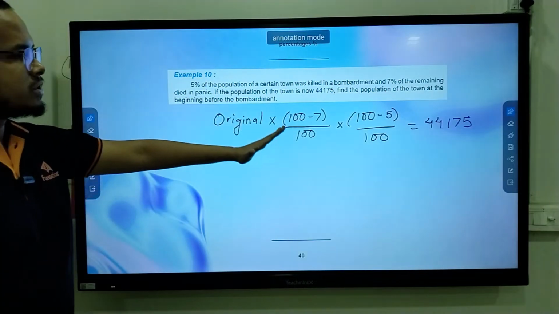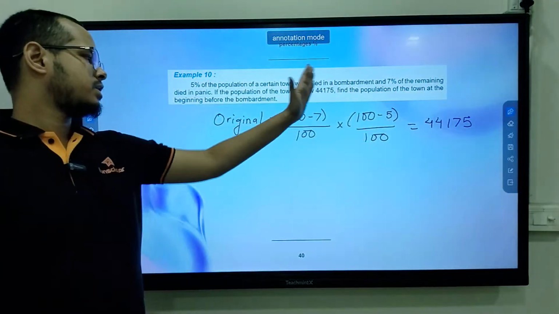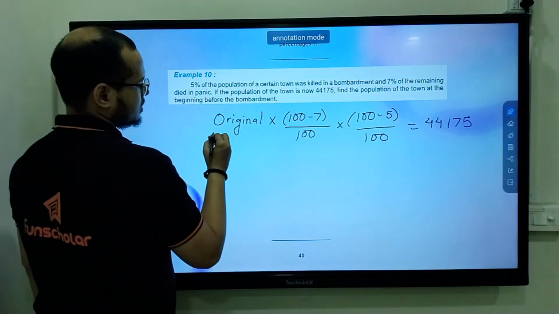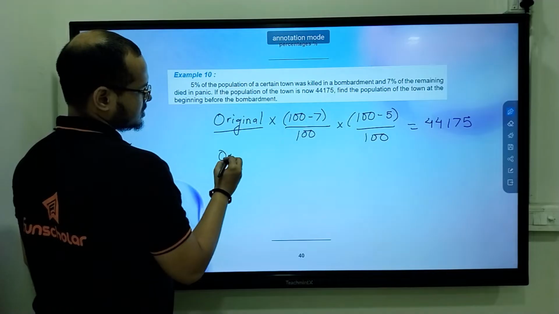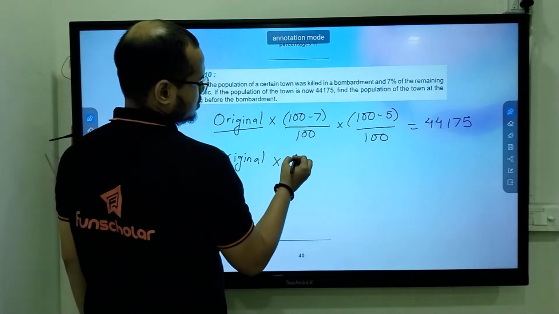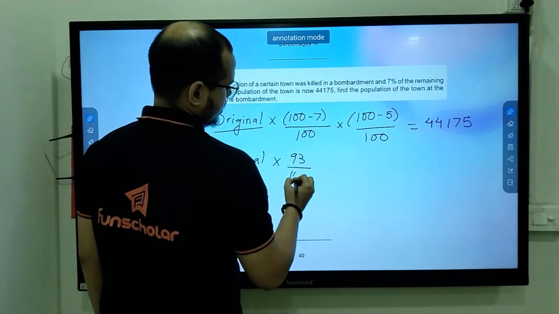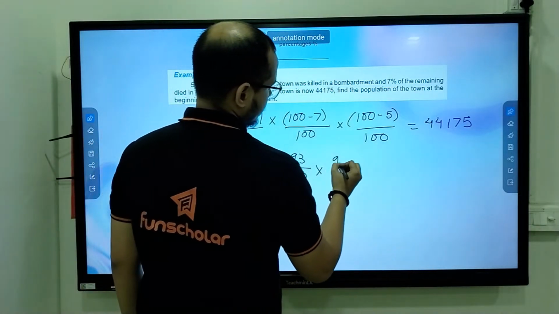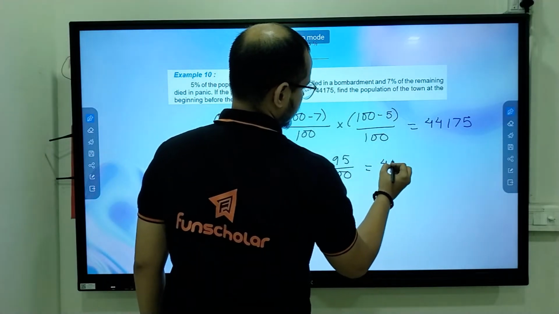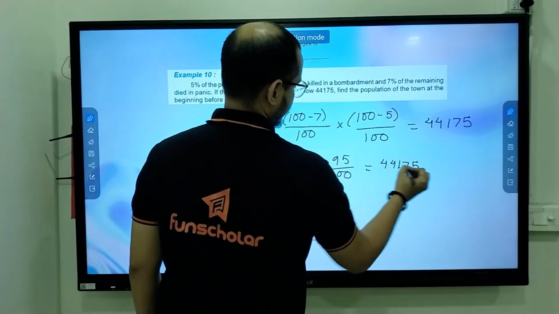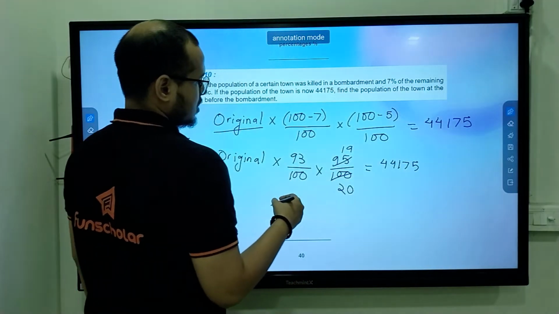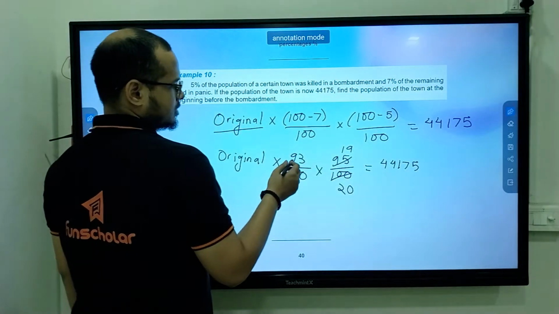The original first decreased by 5%, then decreased by 7%, giving this population now. Let me keep the original like that only, because this is what we are going to find out. Original into 93 by 100 into 95 by 100 is equal to 44,175. This is 19, this is 20. Now see whether this is divisible by 3.